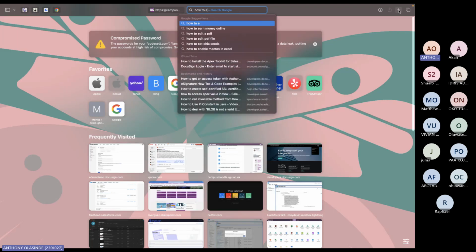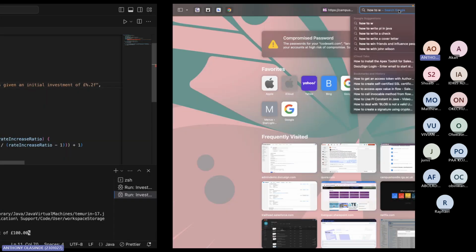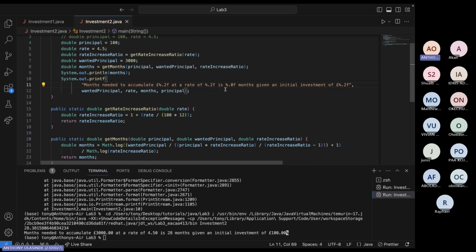Okay, let me explain the problem. Actually, the problem is we want to use percentage, and percentage has its own usage directly in printf. So anytime there's a percentage, that means it's expecting a formatting, but we actually want 4.5%. So I need to know how to make this percent show up in my code.